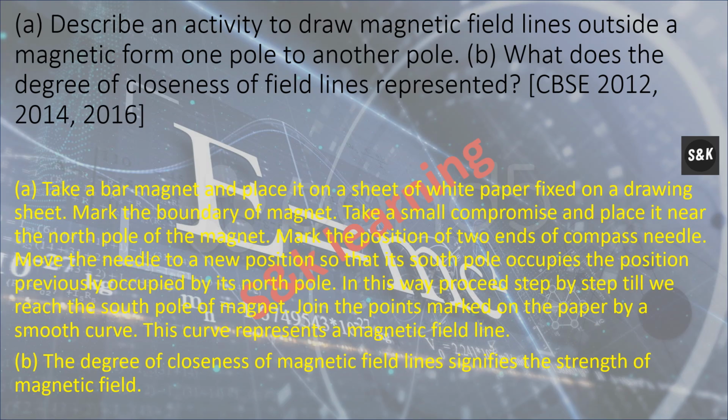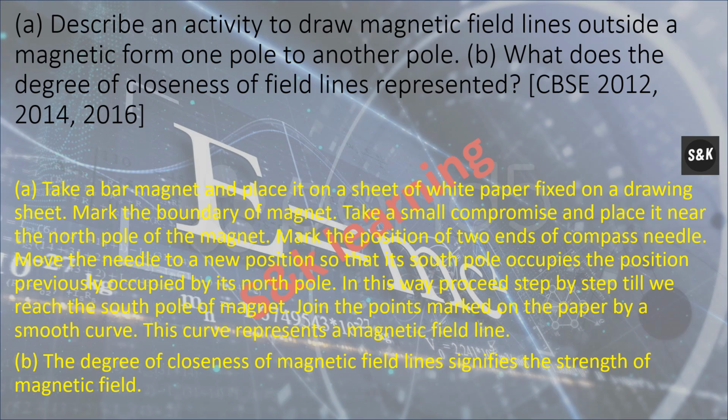Describe an activity to draw magnetic field lines outside a magnet from one pole to another pole. Take a bar magnet and place it on a sheet of white paper fixed on a drawing board. Mark the boundary of the magnet. Take a small compass and place it near the north pole of the magnet.